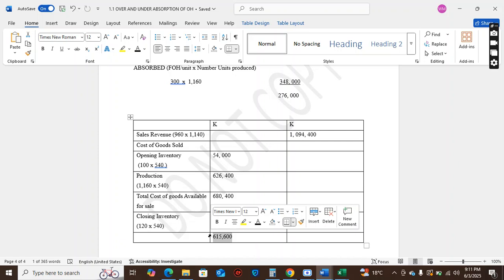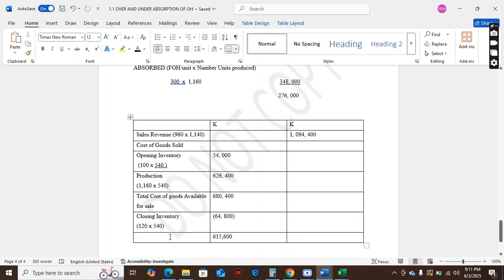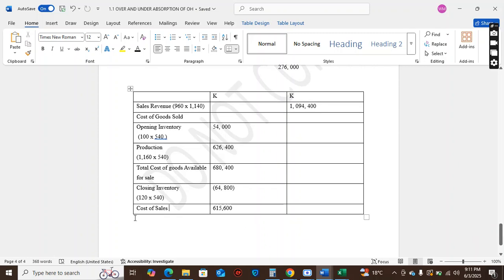So if your cost of sales is understated, what do you need to do? Yes, you need to add the under absorbed overheads, because they're understated. And if they're understated, it means your gross profit will be overstated.